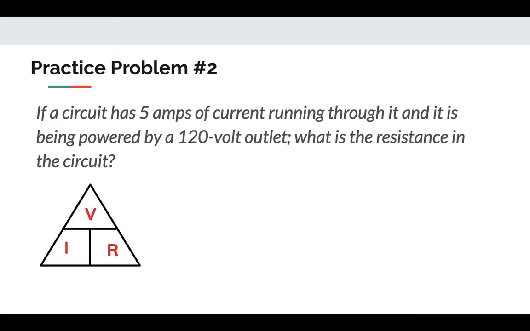One more problem to practice with. If I've got a circuit that has 5 amps of current running through it, and it's powered by a 120 volt outlet, what's the resistance in the circuit? Remember to look and see what it is you are trying to find as a solution. And this question is asking for the resistance. So if I look at my triangle, I cover up the letter R. I see that, in order to solve it, it should be V divided by I, V over I. Resistance is going to be equal to the voltage divided by the current.